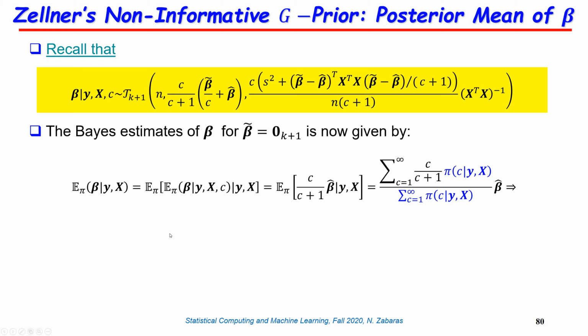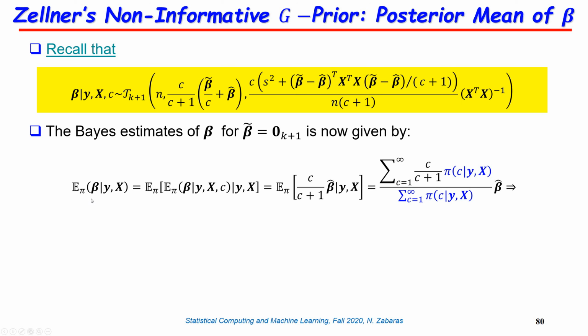Let me see what we can do, and this is a trick we used before. Looking at this equation on the top, if you condition beta on the parameter C, you know what the mean is, and actually you know what the variance is from the student t distribution. So you can use the iterative expectation formula for the calculation, and the same thing for the variance.